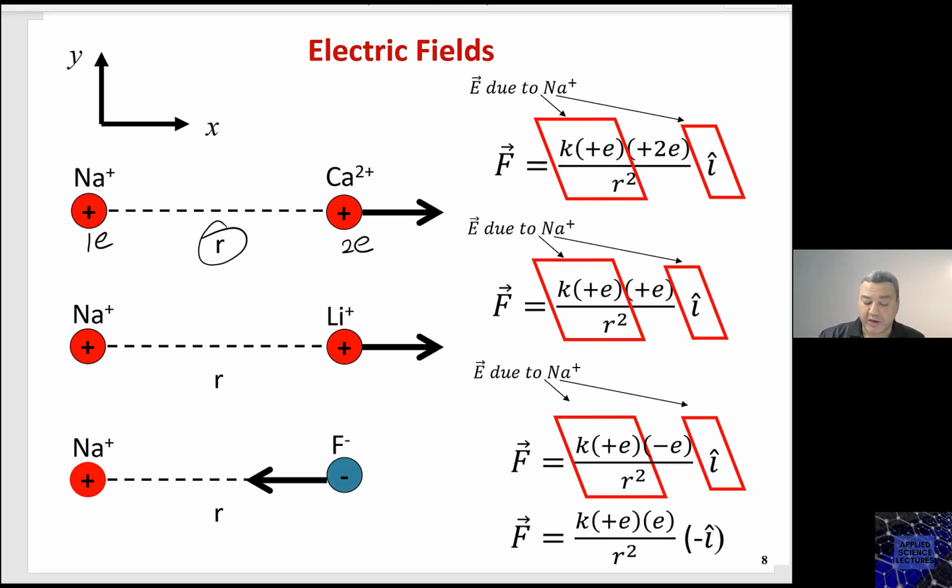Based on Coulomb's law, I can write that F equals K, the first charge 1e, the second charge 2e, divided by r squared, and this force is pointing away because it's a repulsive force, and that's why the unit vector here is i hat.